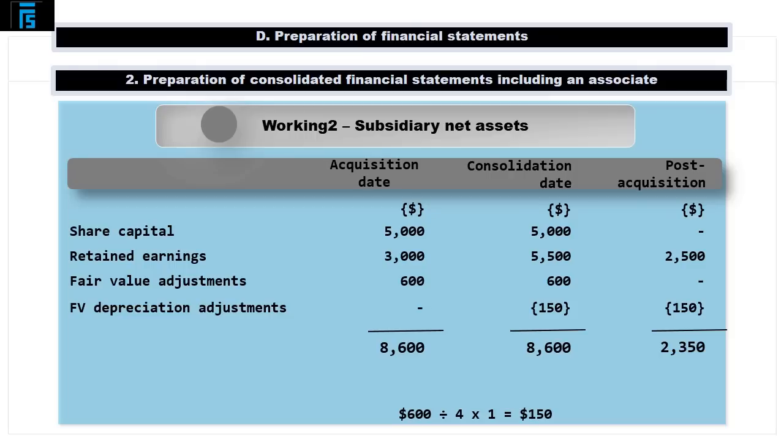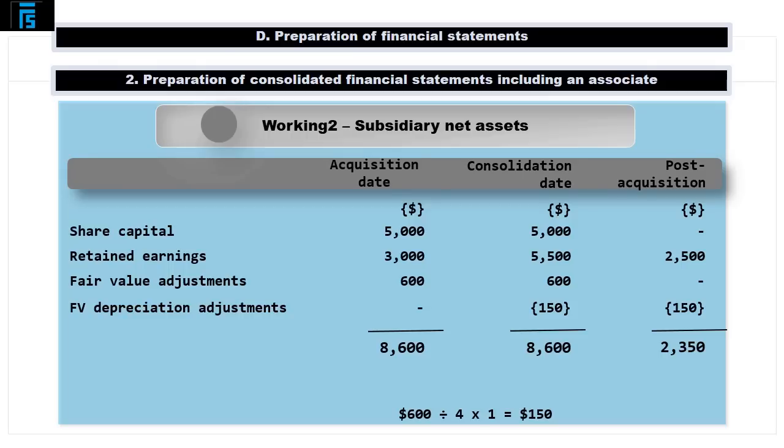The fair value adjustment input stays at the same level as at the date of acquisition, as we are actually only ever concerned with fair value as at that date, meaning that we will never record any post-acquisition movement in respect of this line.